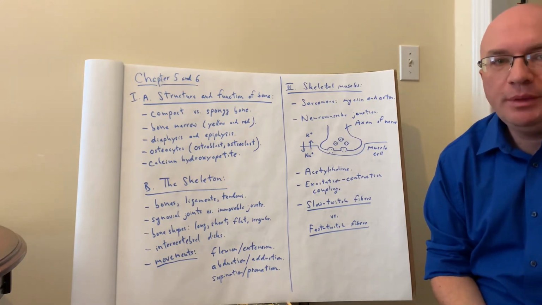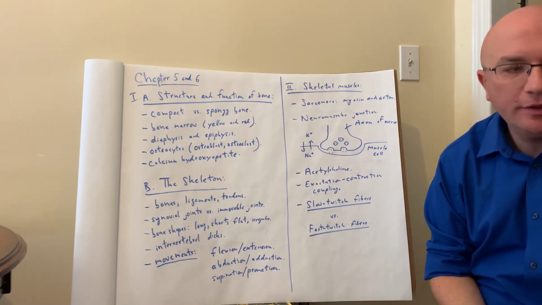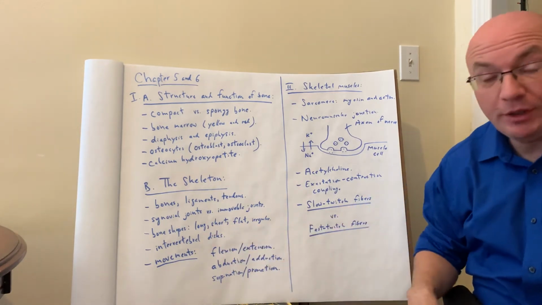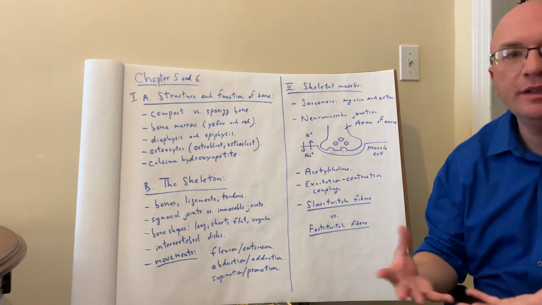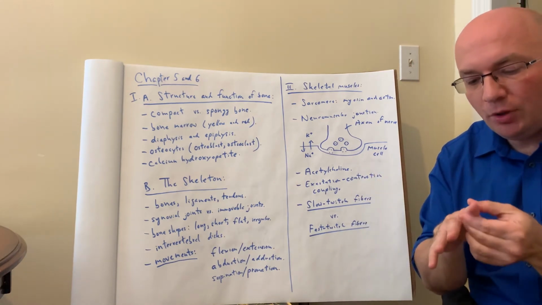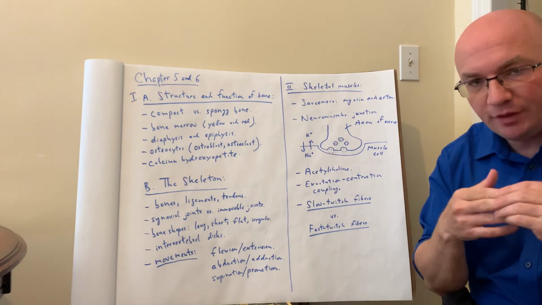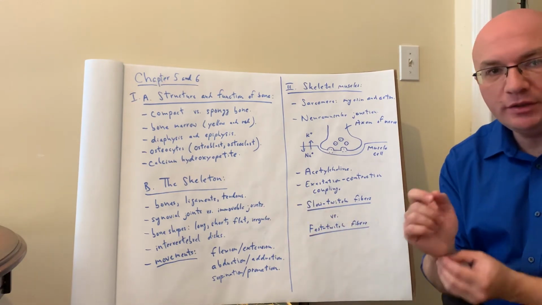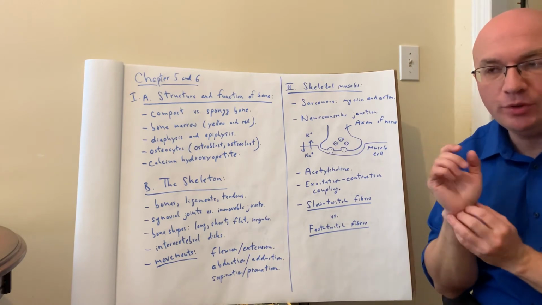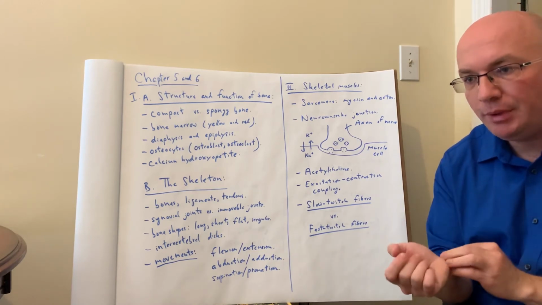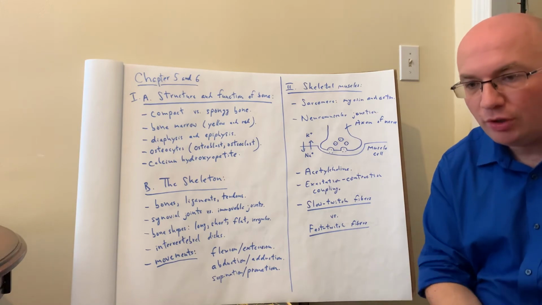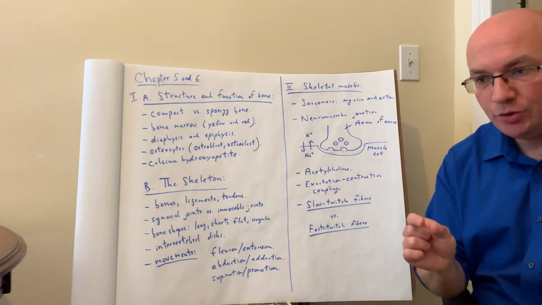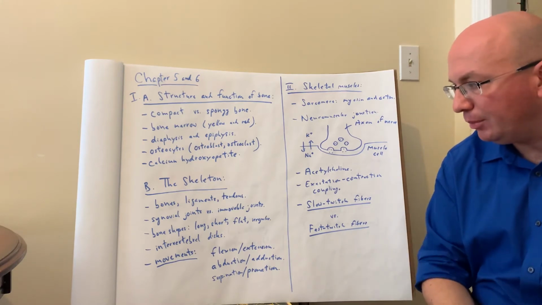You're welcome to memorize other examples if you want, looking at the skeleton, taking a look at the book in this chapter. So long bones, for instance, something like the femur or the tibia in the leg. These are long bones. The little bones in your fingers, the phalanges, these are actually also long bones. Short bones are the little stubby bones, like the wrist bones, the carpal bones. Remember, we have 8 carpal bones in each wrist. Those bones are short type of bones by shape.